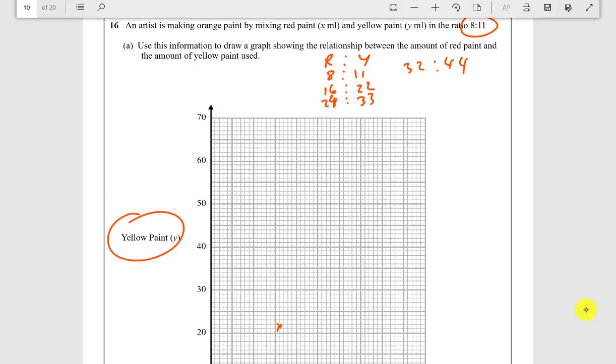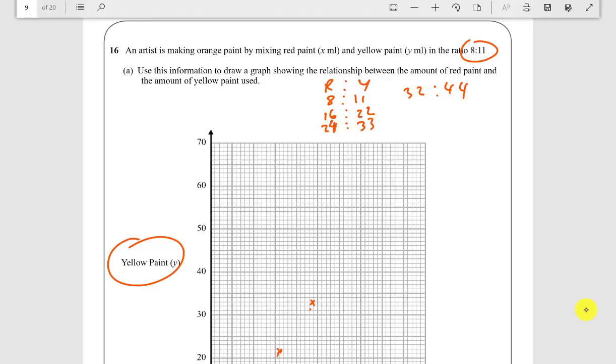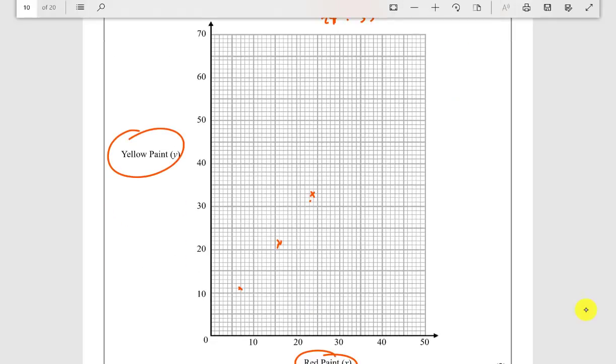Next we have 24 and 33, so 24 across, that's 25, that's 24, and 33, all the way to 30, 1, 2, 3, point here. And then we had 32 and 44, so we have 31, 32, and all the way to 44, yeah. Try to be as accurate as possible.